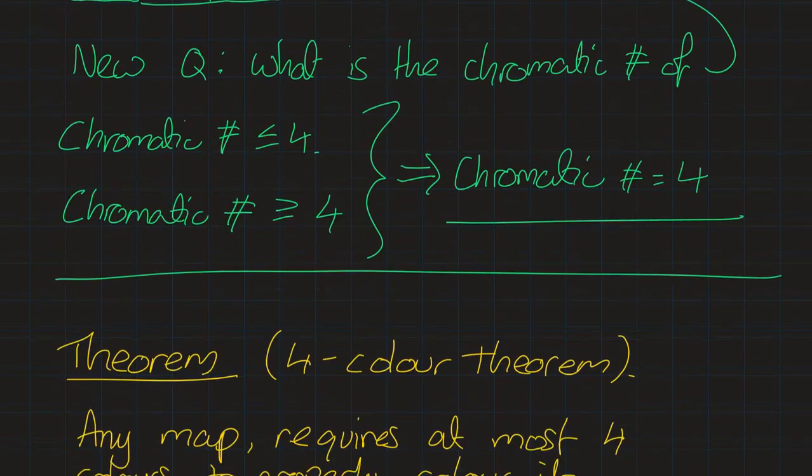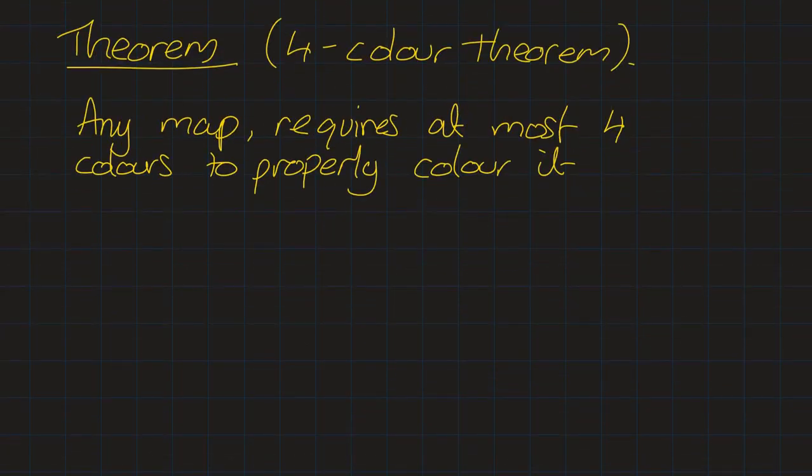Okay. So this theorem here is probably one of the most famous theorems in graph theory, and it's also one of the most famous theorems in mathematics, really. It's a very, very old theorem. In fact, it was first conjectured in 1852.